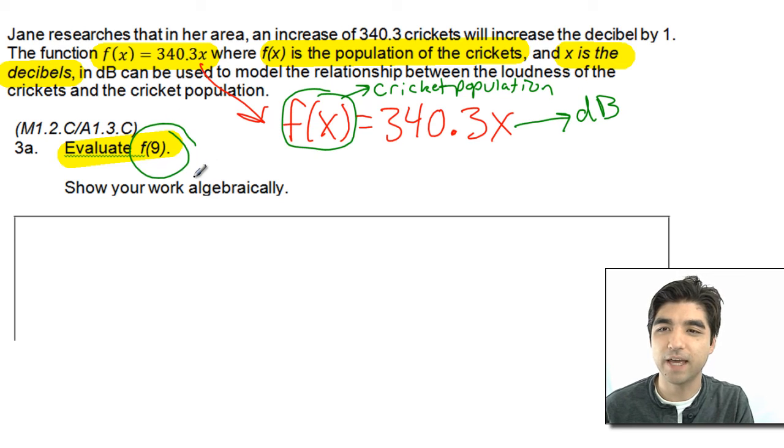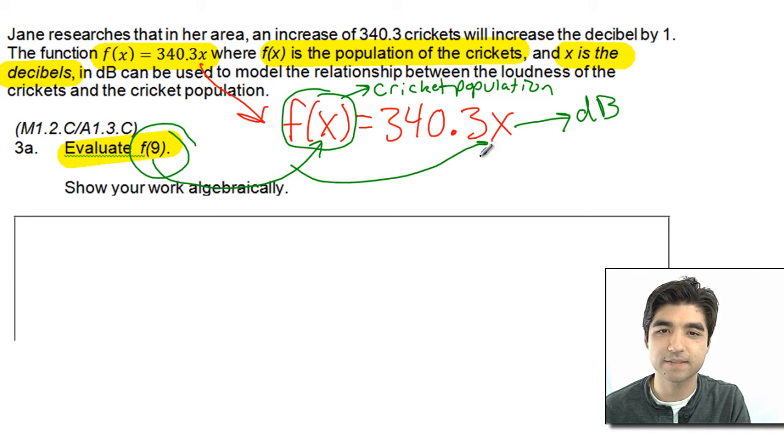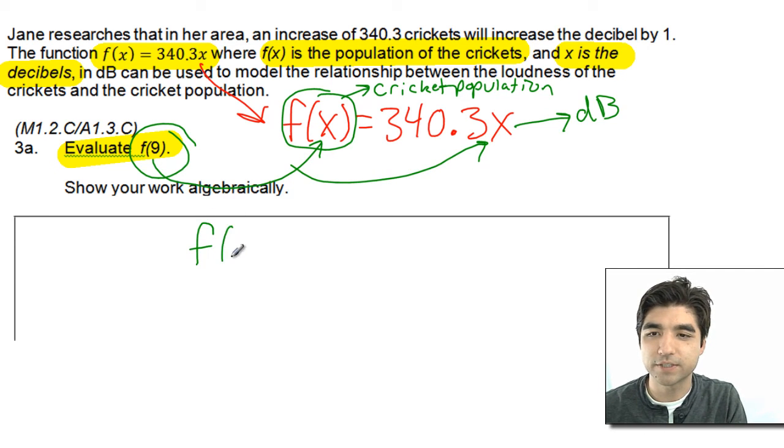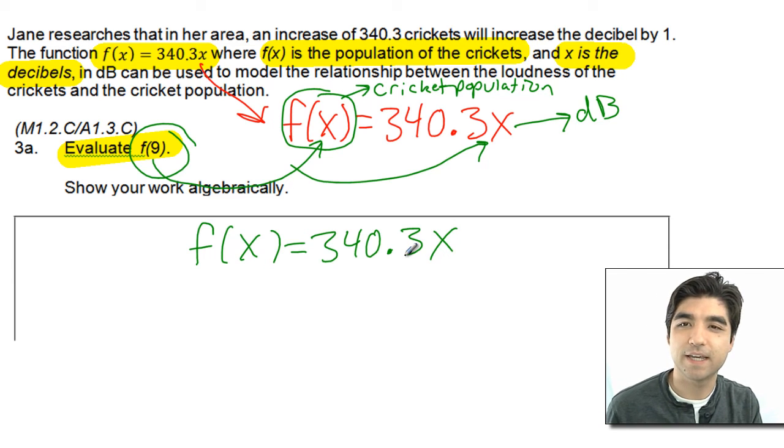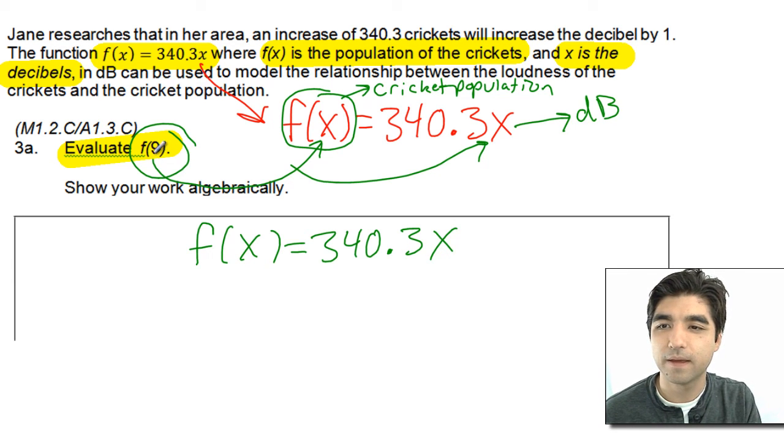So it says evaluate f of 9. So it wants us to put the 9 in for the x, wherever we see x. So I'm going to write the equation f of x equals 340.3x. And now we need to take the 9 here and put it in for x.